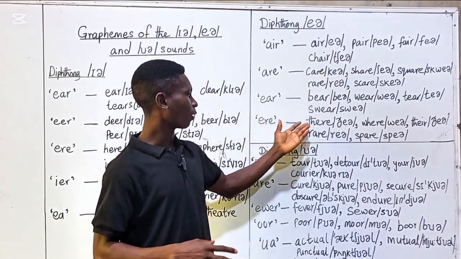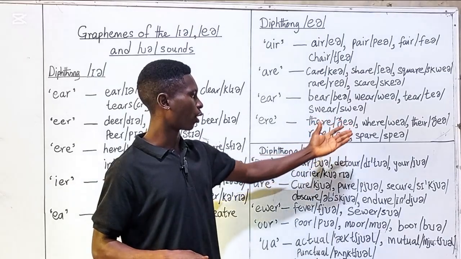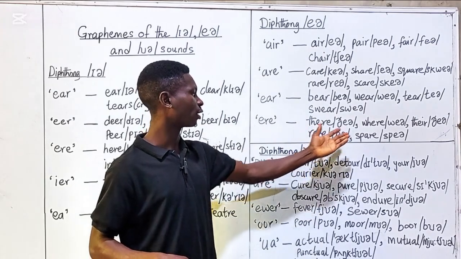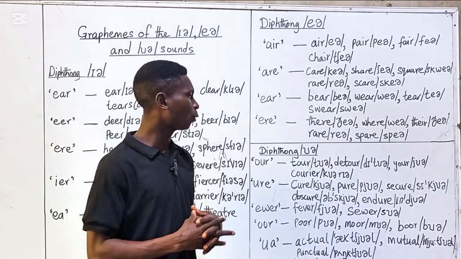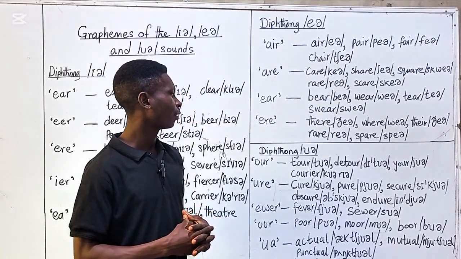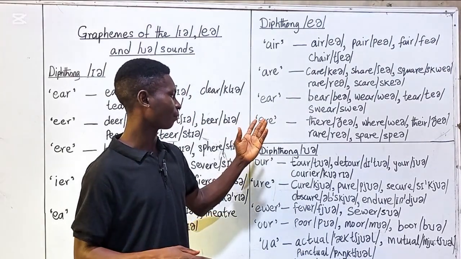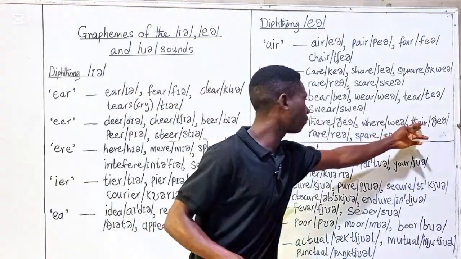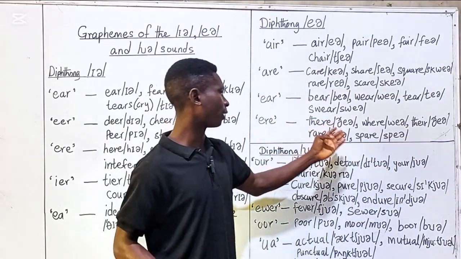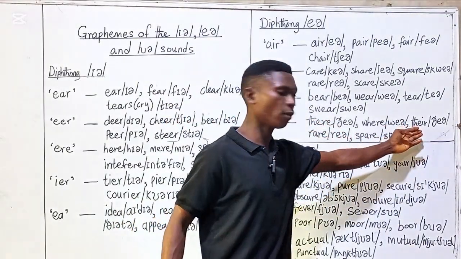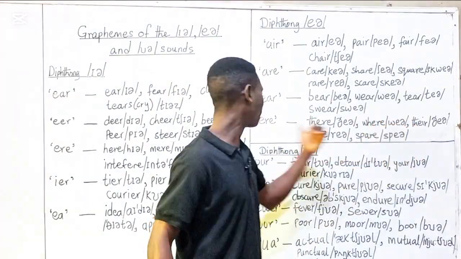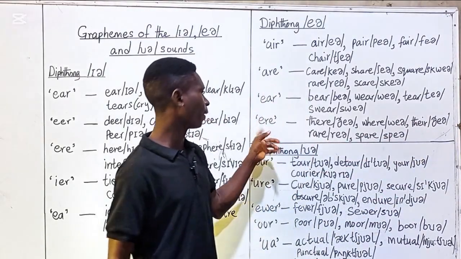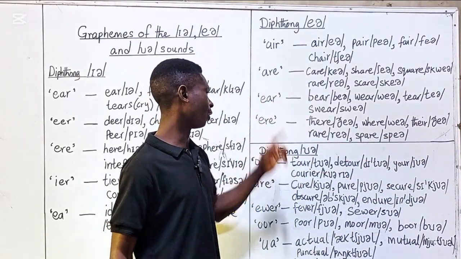All right, another spelling for the sound is ERE. We have there, where, there, rare, then spare. I would like you to note this particular spelling or these particular words. These two words are homophones. I deliberately bring in this, though it doesn't belong to this spelling, because here we have EIR and the spelling we have here is ERE.